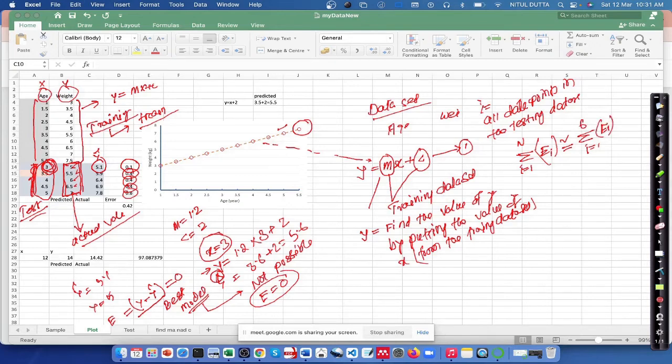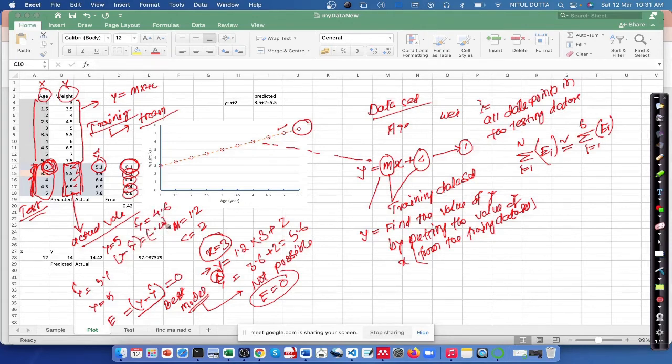However, when we compute this error, sometimes it comes out negative also. If 5 is the actual value y and y hat is equal to, say, 4.6, in that case y minus y hat will be equal to minus 0.4.